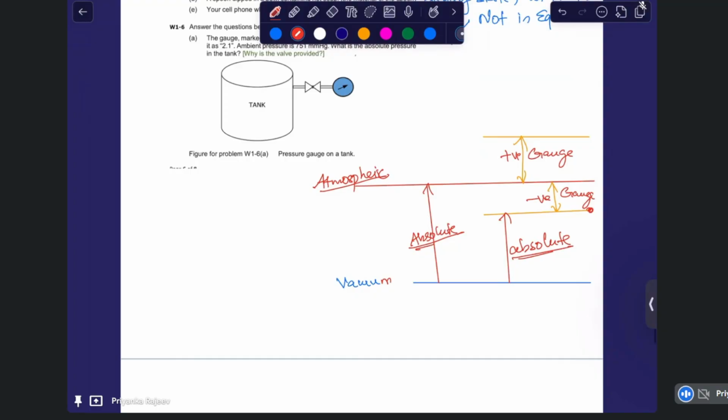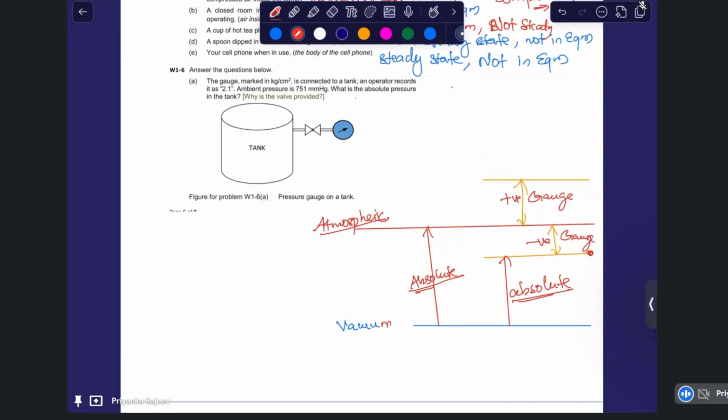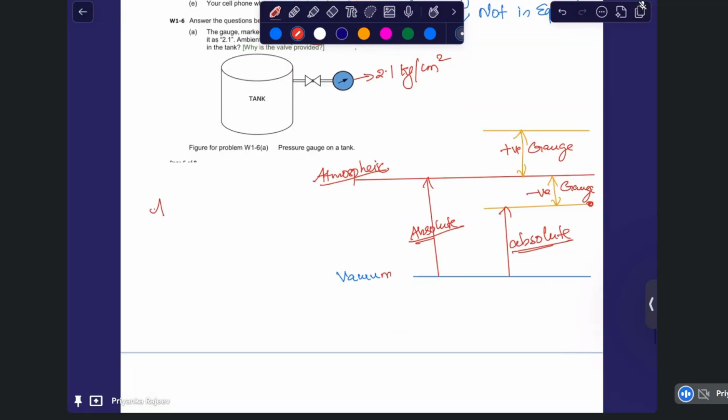So the question here is the gauge is marked in kilogram per centimeter square, and it is connected to a tank, and the operator records it as 2.1 kilogram per centimeter square. Ambient pressure, or the atmospheric pressure, is 751 mm of Hg. What is the absolute pressure?